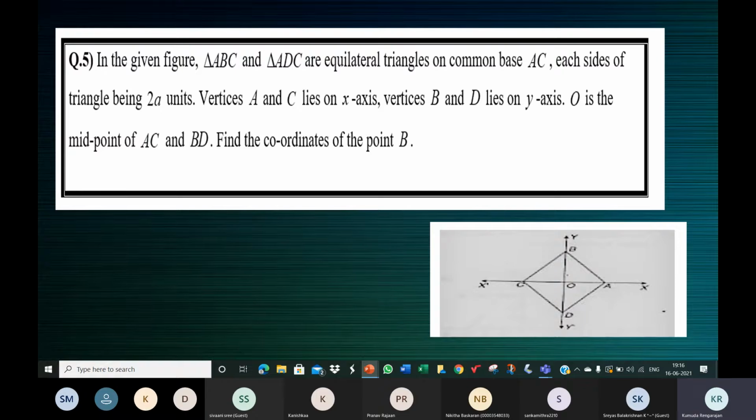Found, children? Root 3a. Root 3a units. All right.